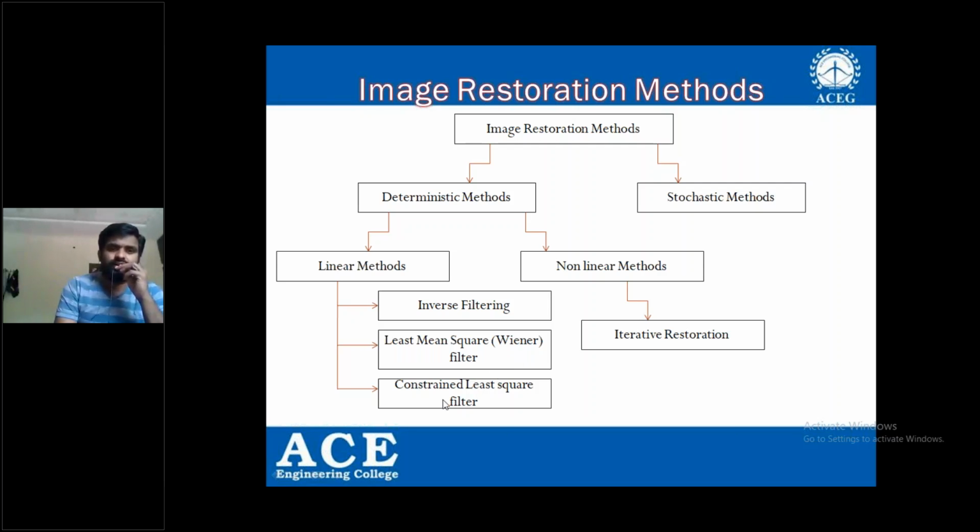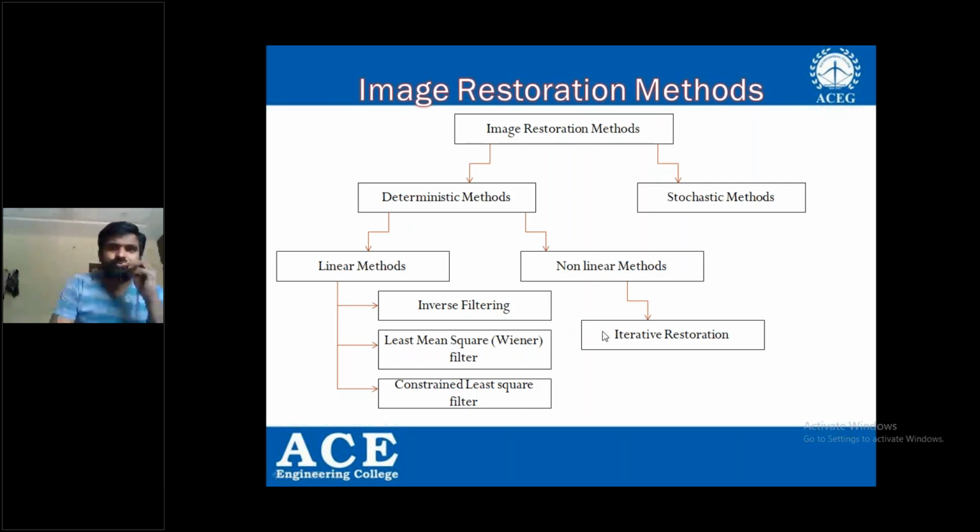The other one is the constrained least square filter, whereas in the non-linear methods, we have iterative restoration, right? These are the methods for restoration of an image that may be degraded when capturing or transmitting the image.